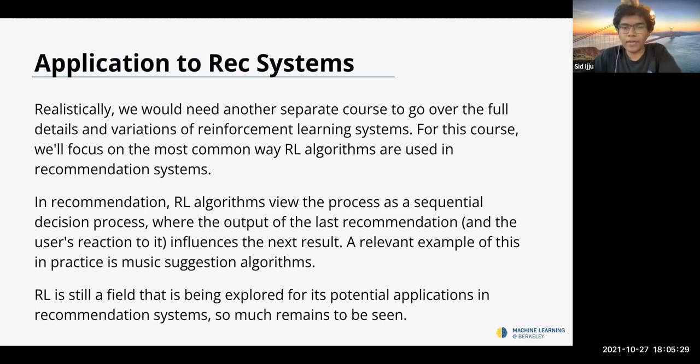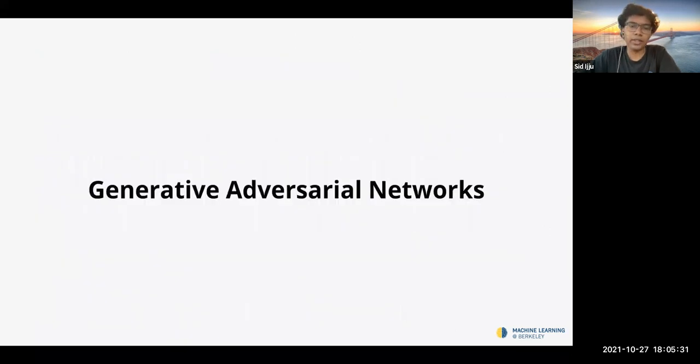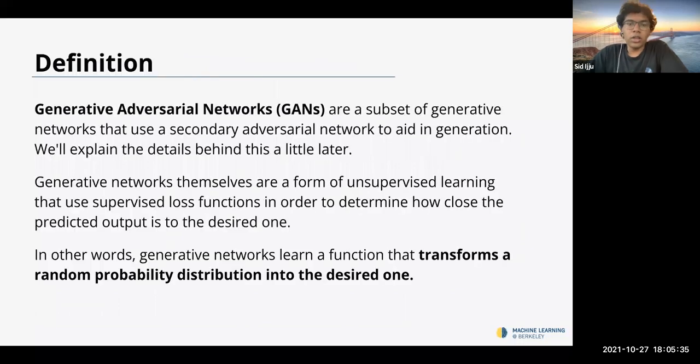All right. Now we're going into generative adversarial networks. Generative adversarial networks, or GANs, are a subset of generative networks which use a secondary adversarial network to aid in generation. I'll explain that fully a bit later, but the idea is that generative networks are a form of unsupervised learning which use supervised loss functions to determine how close the output you're getting is to the desired one.